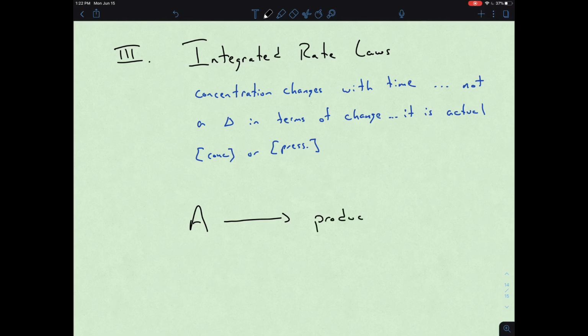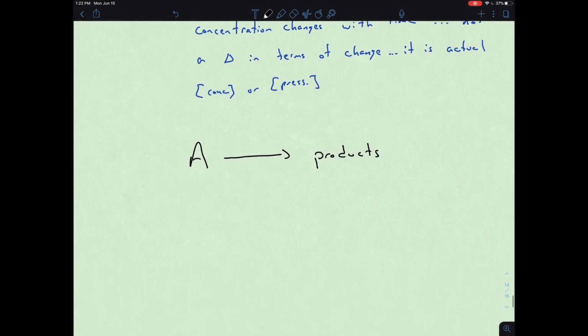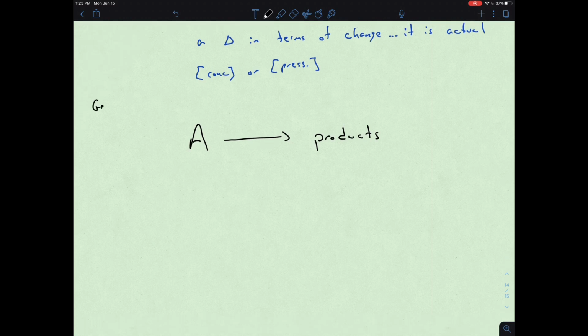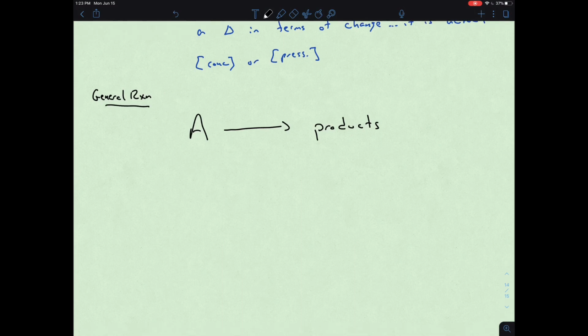So we think about A going to products as a very general reaction. So far we know two things. One thing that we know is that the rate would be equal to our change in concentration or pressure of A over change in time, and we would have that negative sign, right?